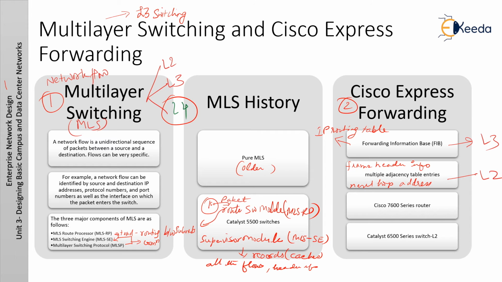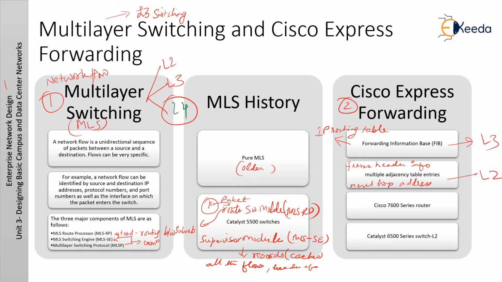Each FIB entry can point to multiple adjacency table entries, for example, if two paths exist between devices for load balancing. After a packet is processed and the route is determined from the FIB, the layer 2 next hop and header information is retrieved from the adjacency table and a new frame is created to encapsulate the packet.